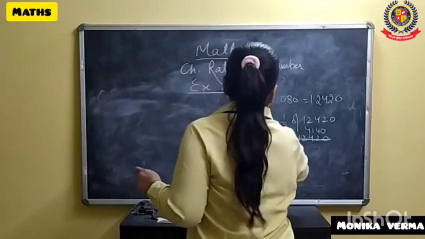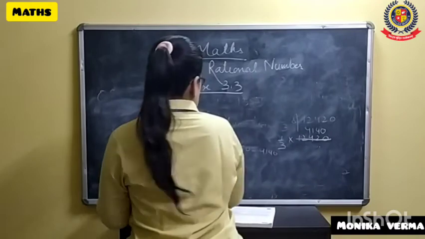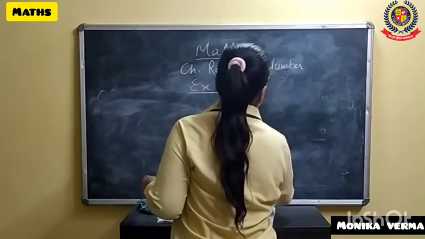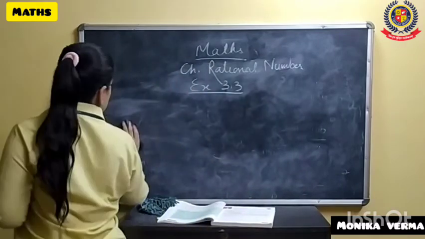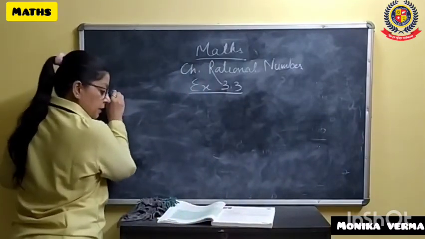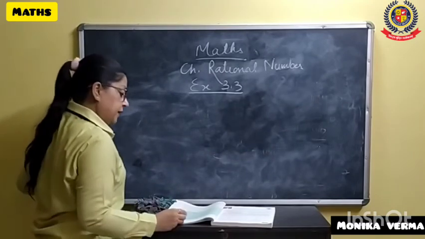So now next question is the product of two rational numbers. Now two rational numbers are given and their product is given. And out of these two, one rational number is also given. So in question number 9 now, the product of two rational numbers is 18 by 35.